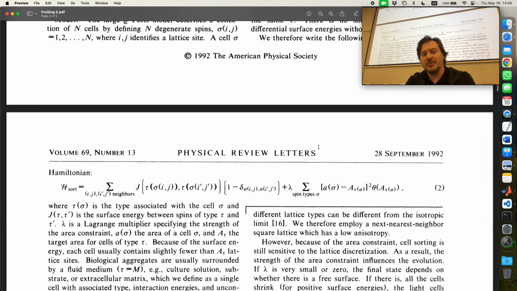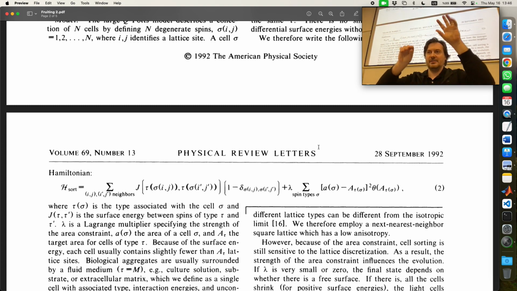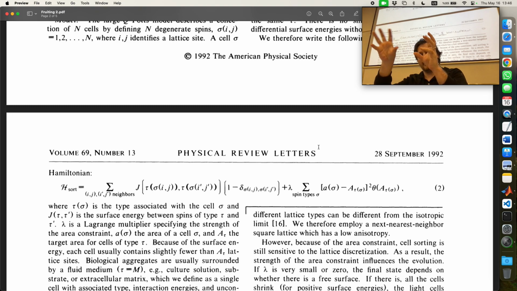So it's still a cellular automaton. There are parts of the system that describe one cell, and then there is a next cell here. Whether this cell will diffuse towards there or not is controlled with this Hamiltonian.